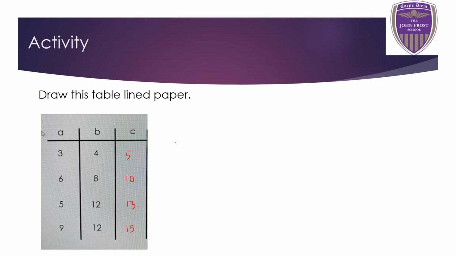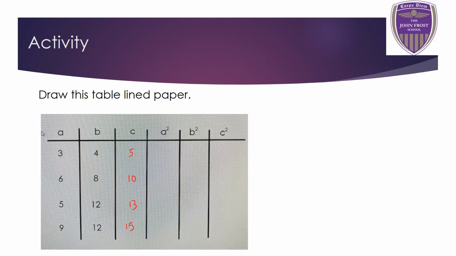So now I want you to add to your table. Add 3 extra columns, and call them A squared, B squared, and C squared. What we're going to do is square the sides for each of our triangles.